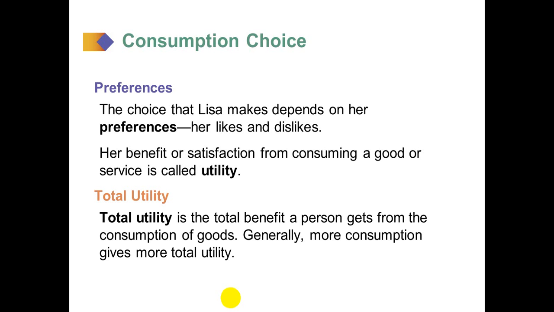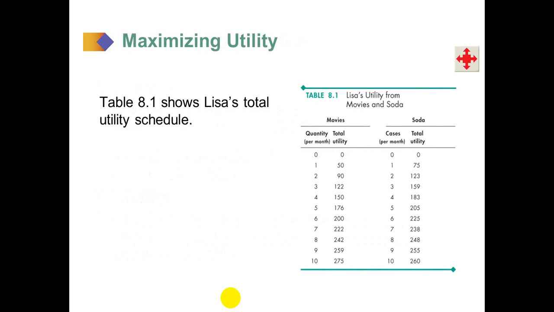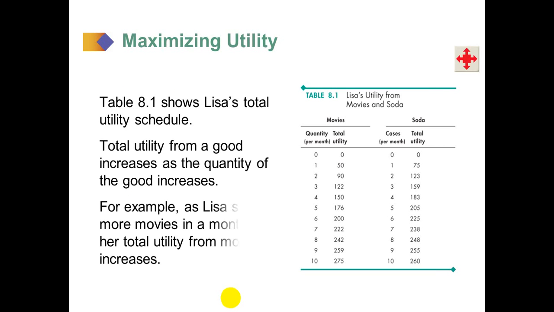Total utility is the total benefits a person gets from the consumption of goods. Generally, more consumption gives more total utility. Any person seeks to maximize his utility, his benefits. So Lisa here tries to maximize utility.